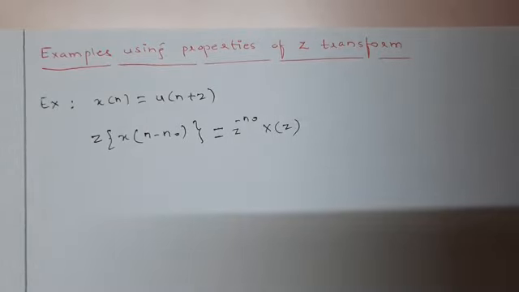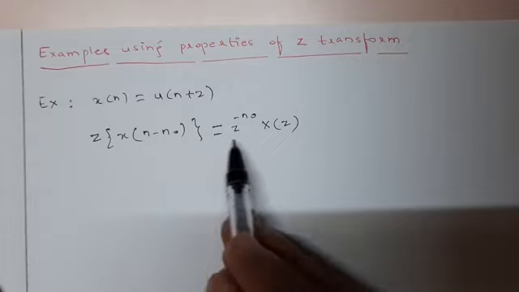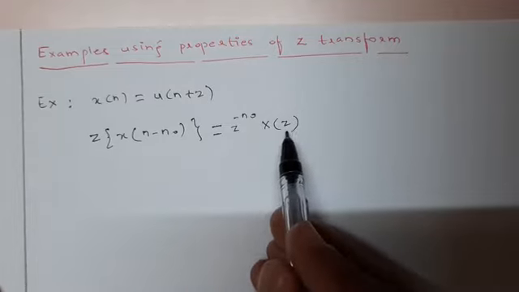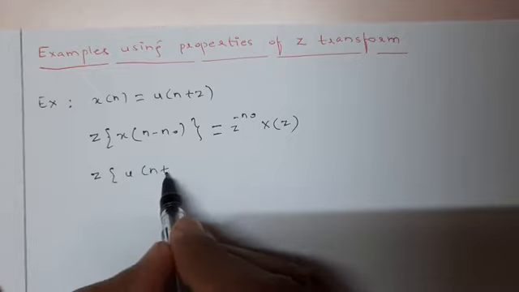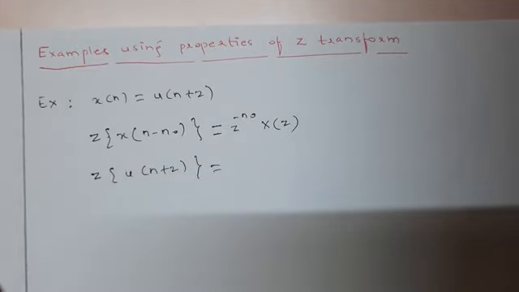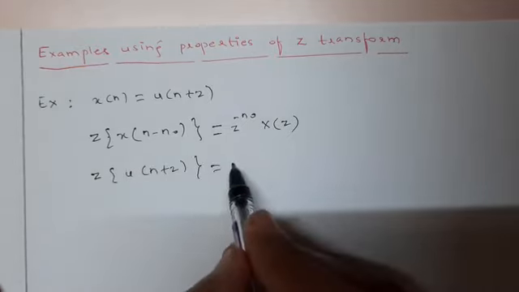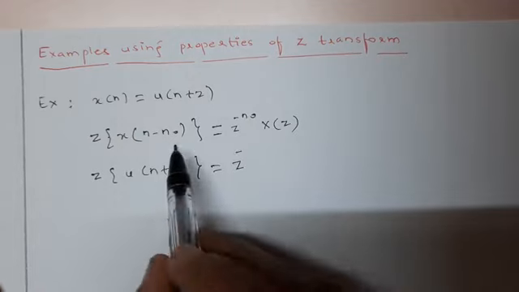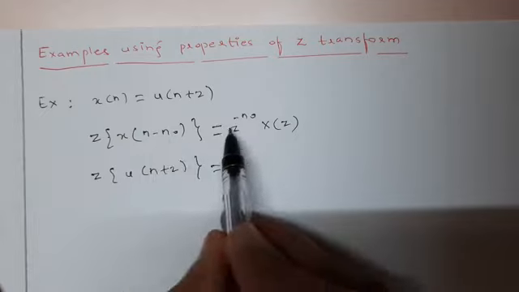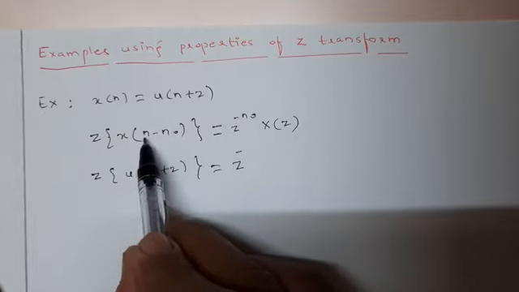This is one of the properties which tells that x of n minus n naught gives z to the power minus n naught X of z. Similarly, Z transform of u of n plus 2 is equal to z to the power minus, this was x of n minus n naught.